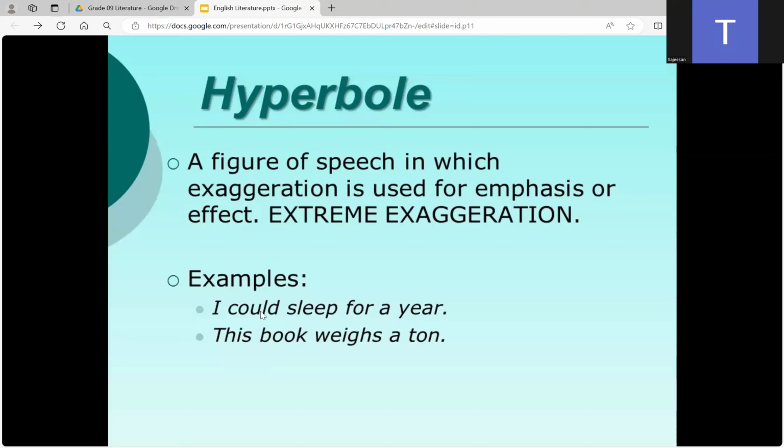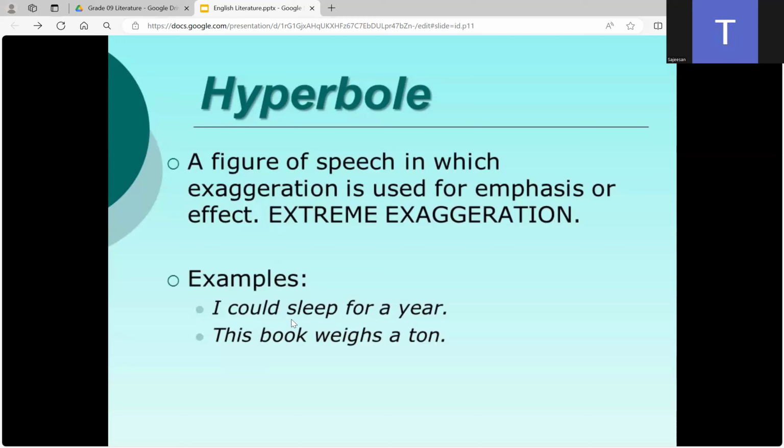Here are some other examples for the use of hyperbole. Can you read? I could sleep for a year. This book weighs a ton. How can a book weigh a ton? Because I understood the book has valuable information, so I am giving a weight to a small book.